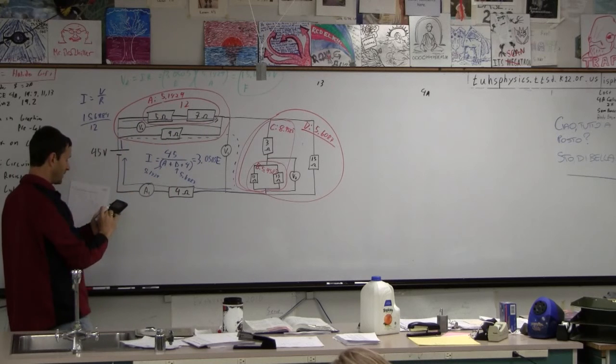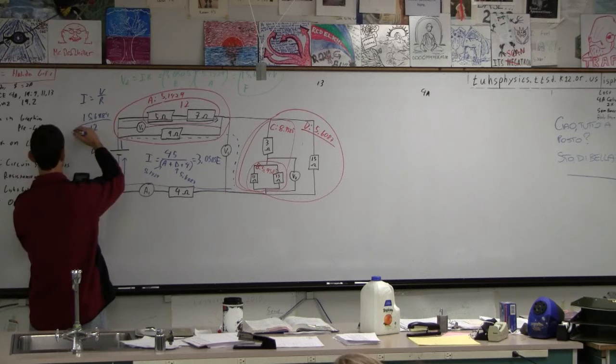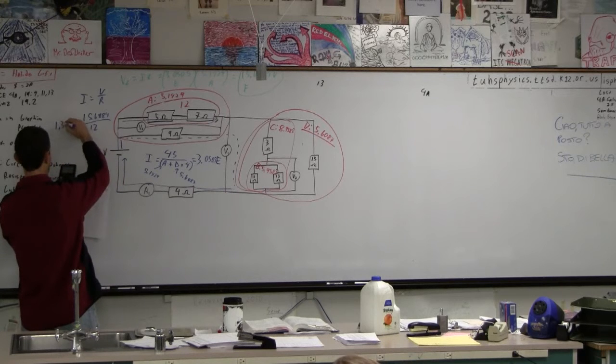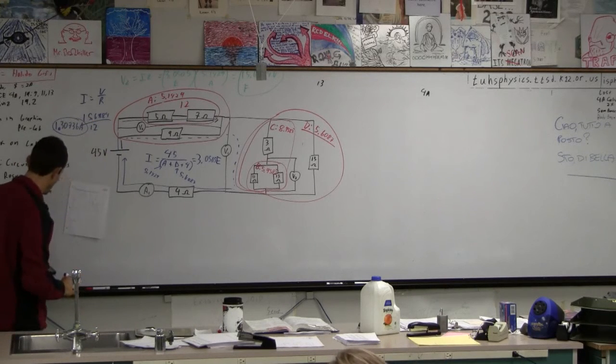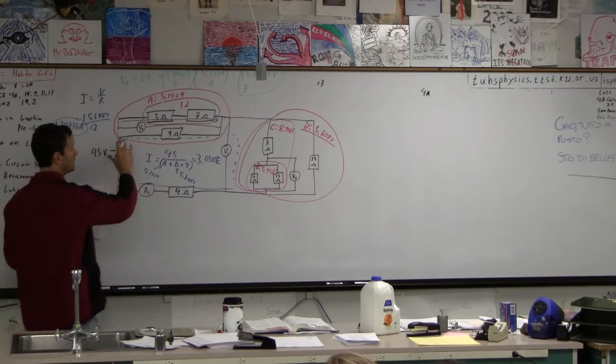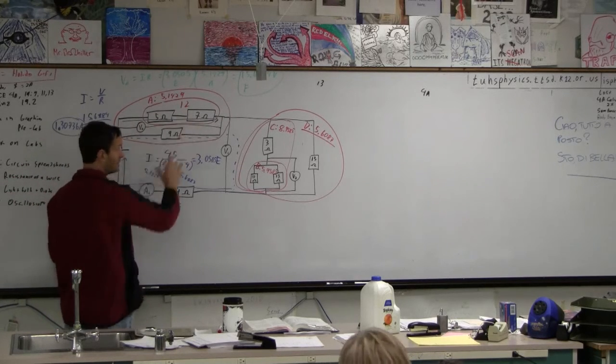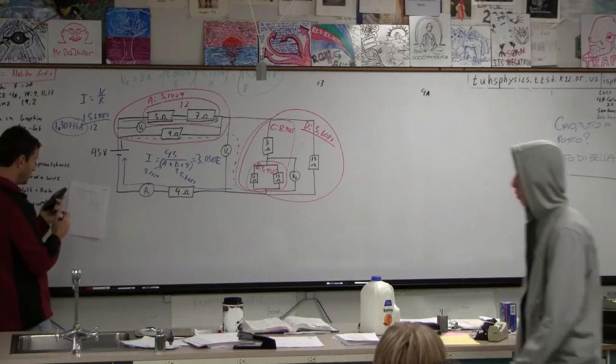So I just take this, divide by 12. I get 1.30736 amps. Is that the right answer? Yes, there we go. So we picked off that one, and it doesn't ask anything else in this part of the circuit, right? So we're kind of done with that part of the circuit.